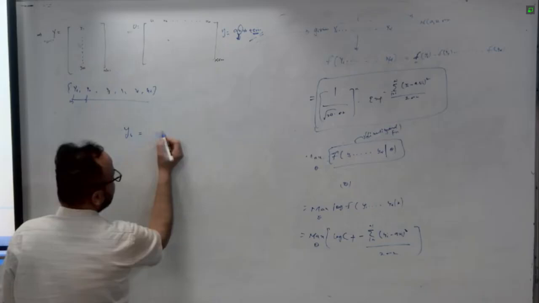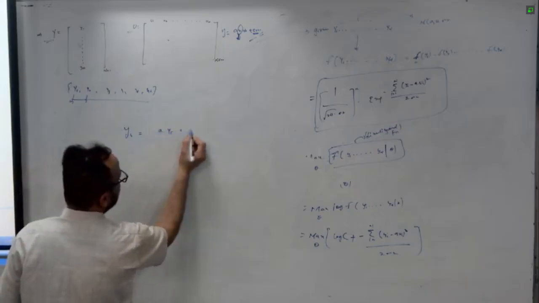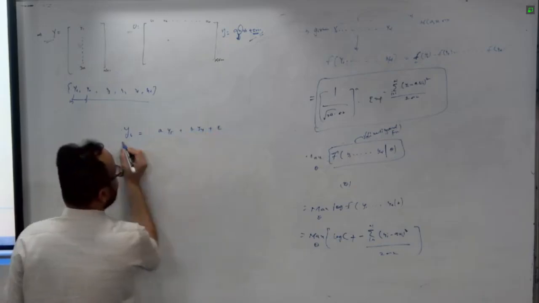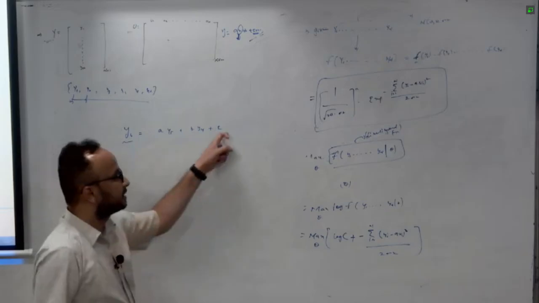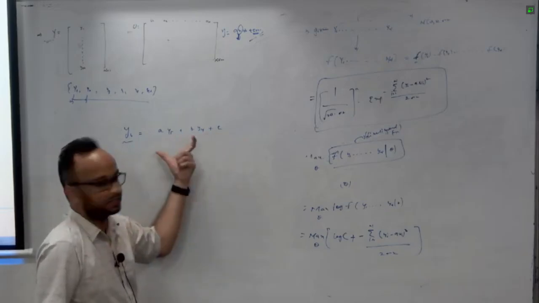So y6 is a function of a times its parent y5 plus b times parent y4 plus some epsilon, because y6 is a random variable. So I am considering some uncertainty in it.